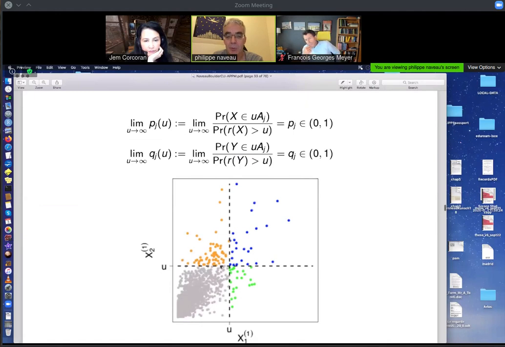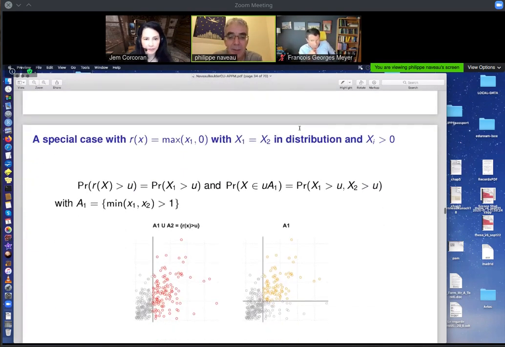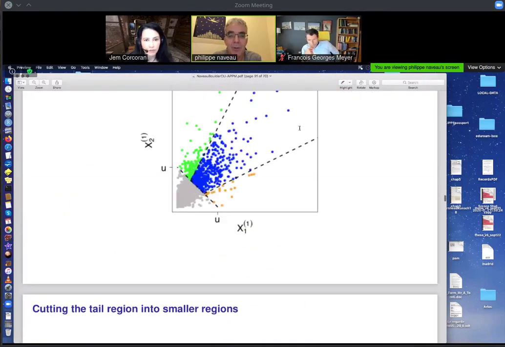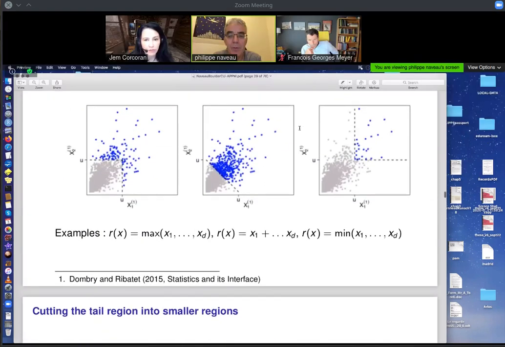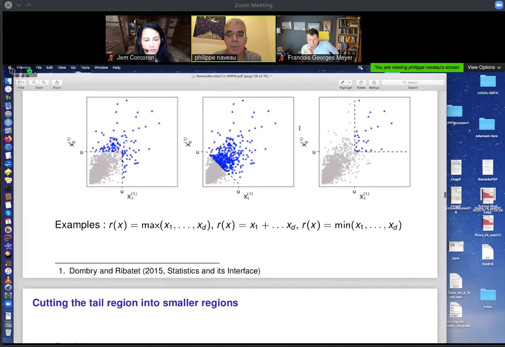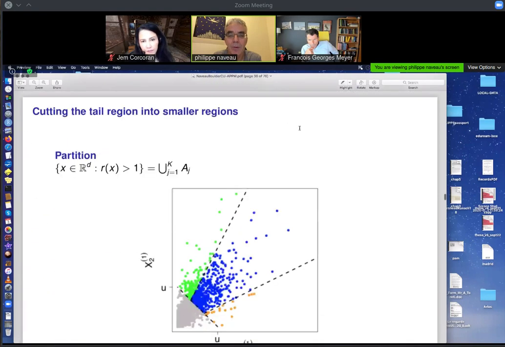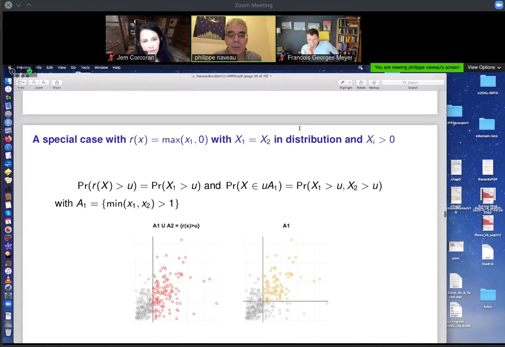Here, when I took this R of X, which is the max, in this example with the 3 different colors, I have maybe like 50 points here, so in each of the subsets I will have points. So I will never get 0. But in some cases, maybe I have one example here or not.